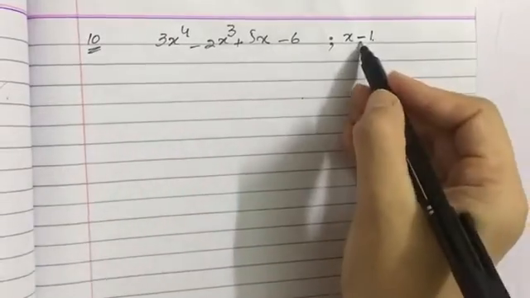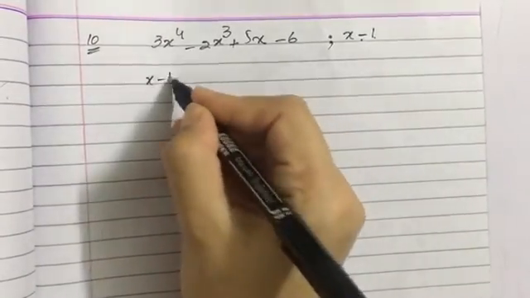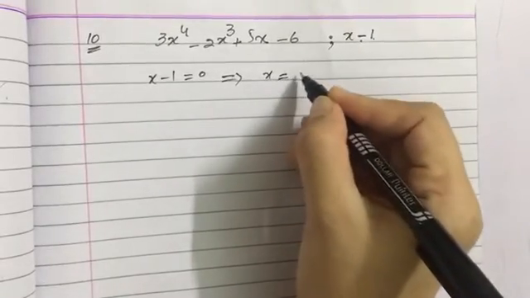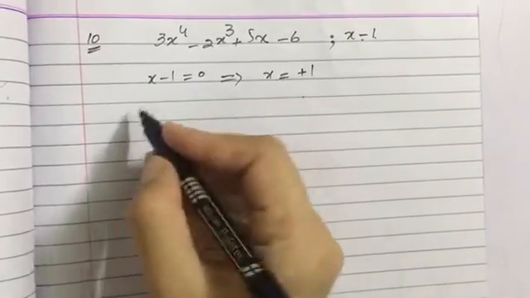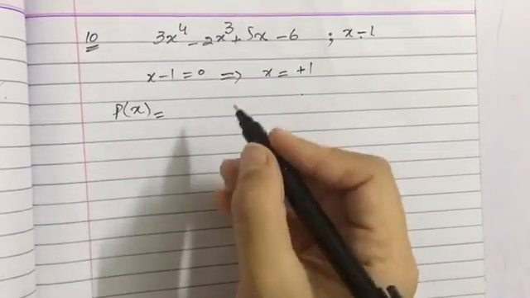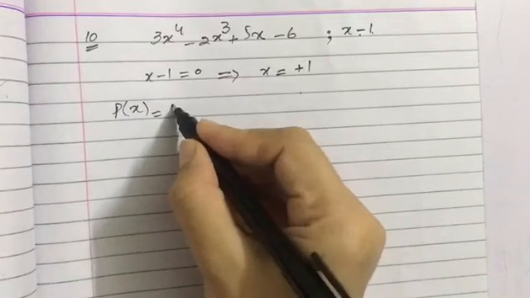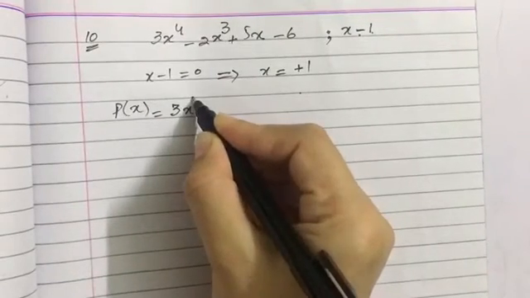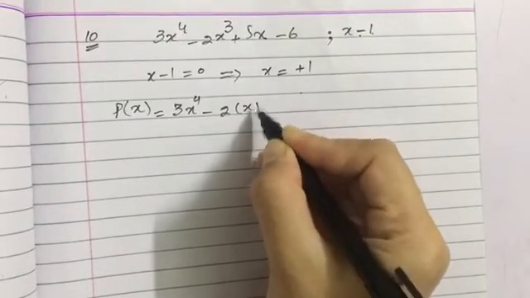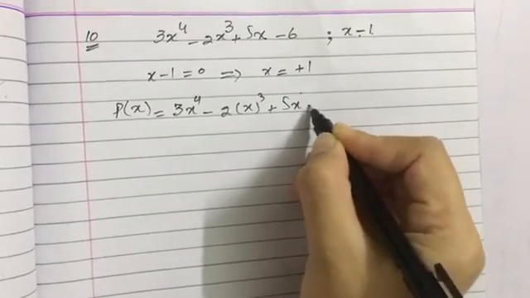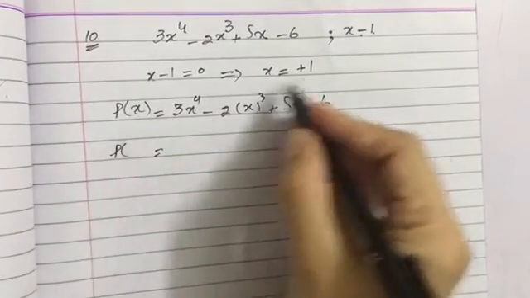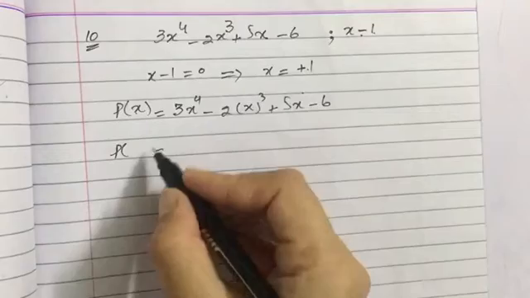So we will get the value of x from x minus 1, put x minus 1 equal to 0, so that we can get x equal to plus 1. And now our required polynomial, that is our dividend also, we have to find out P of 1, that is the value of x.